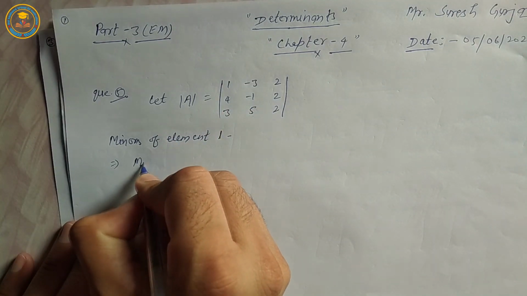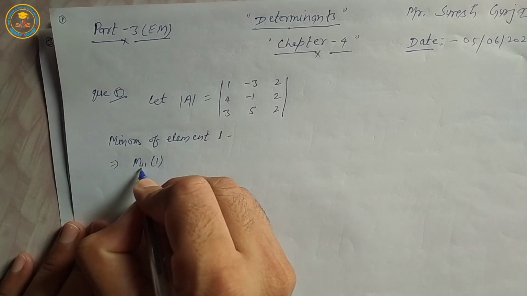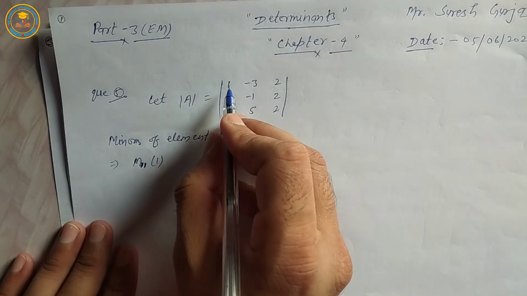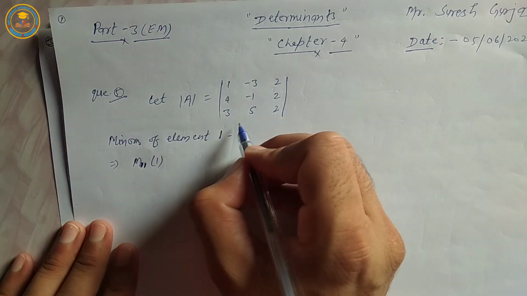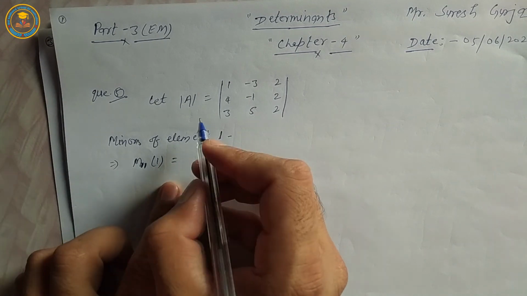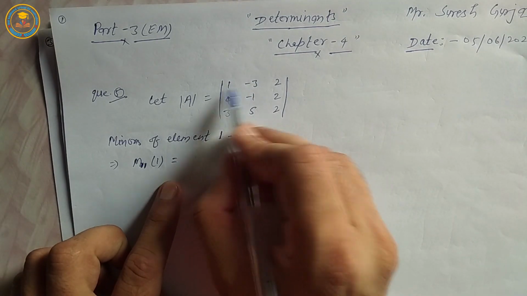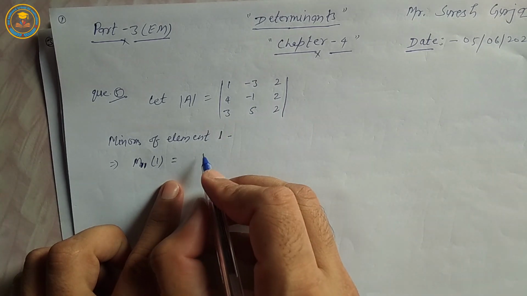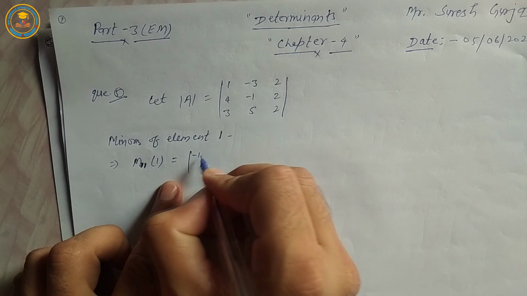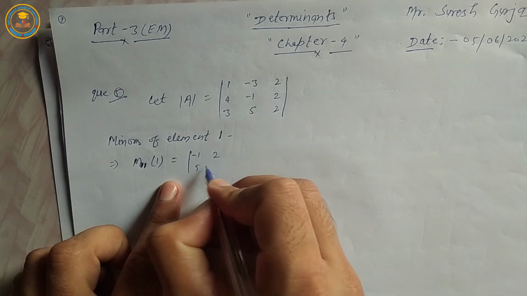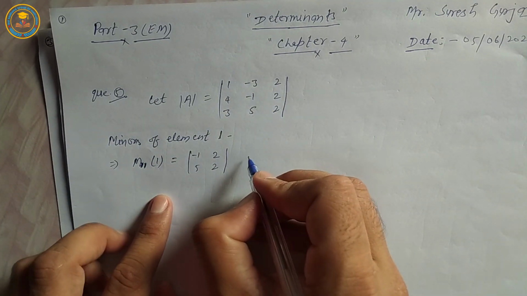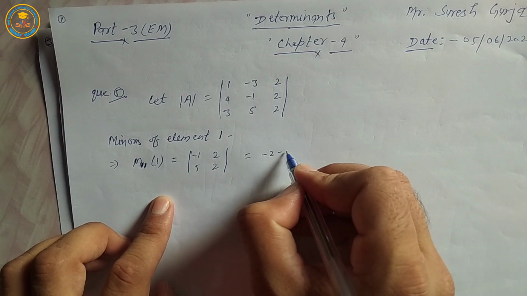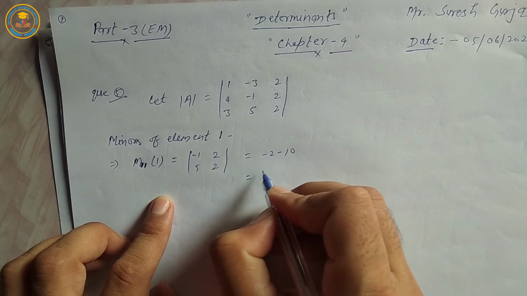It means M11, the minor of the element in first row first column, is equal to, leaving the corresponding row and column of element 1, minus 1 2, 5 2. Okay, that is 2 minus 1 minus 2 minus 10, which is minus 12.